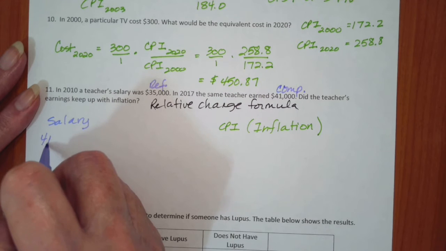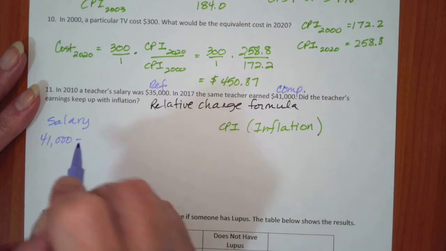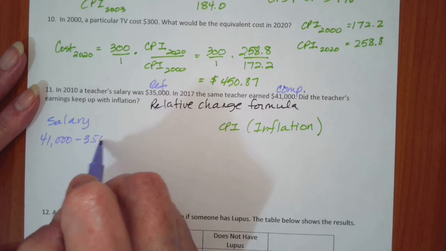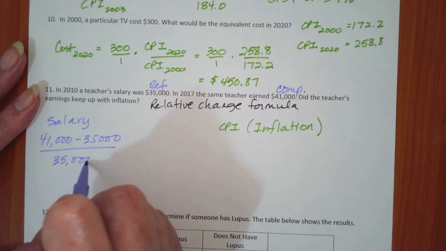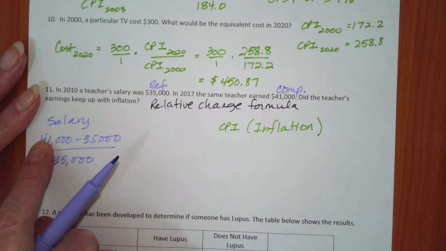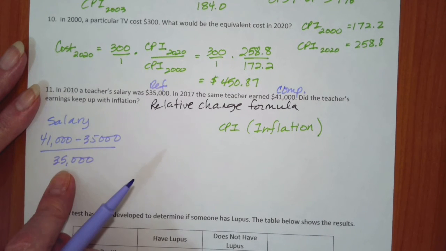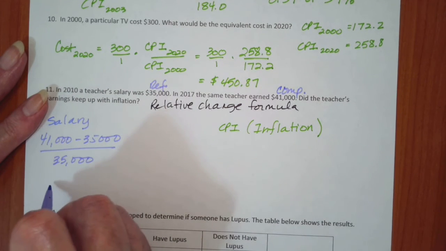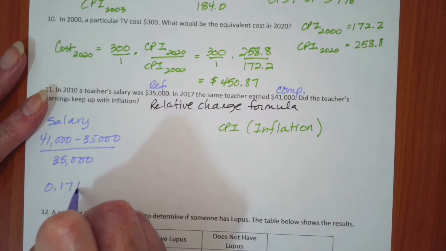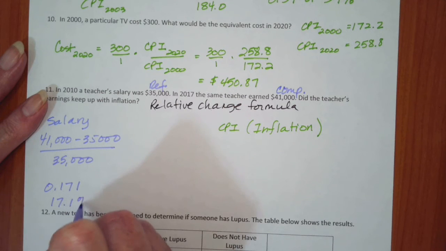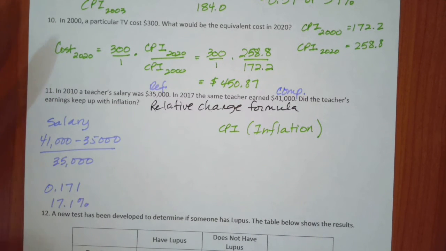So we're going to take 41,000 minus 35,000 divided by 35,000. Okay. Compared value minus reference value divided by reference value. And when you do that, you get 0.171 or 17.1%. Okay, so the salary increased 17.1%.